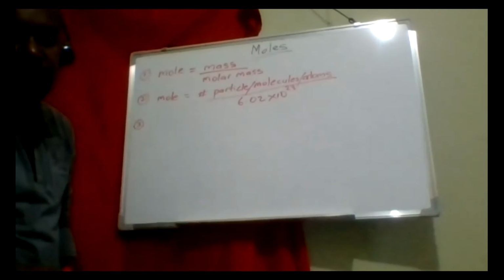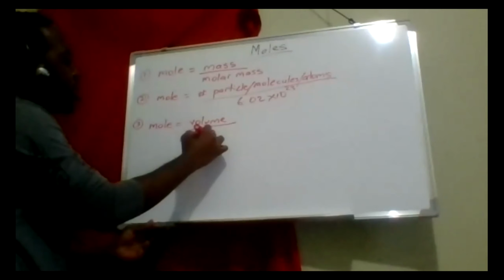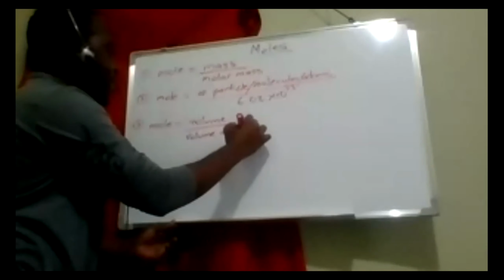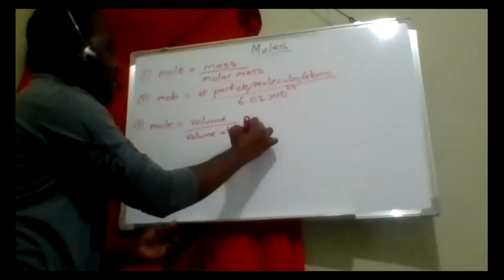It's the given volume of gas over the molar volume. So mole is equal to the volume over the molar volume, which is the volume at RTP or STP. We know these values, RTP and STP, have a set value.